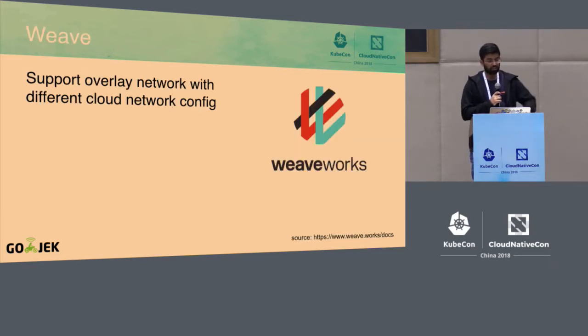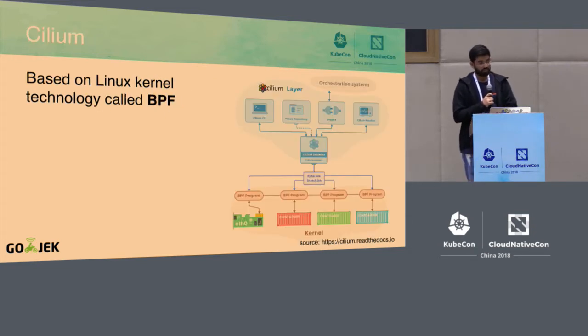Next is Weave. Weave is a product from Weaveworks. It is a CNI plugin that nowadays works on an OVS module called fast data path, and does provide support for encryption and network policy. Next is Cilium. Cilium is a BPF-based CNI plugin.